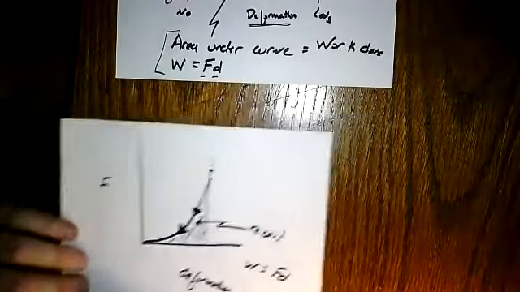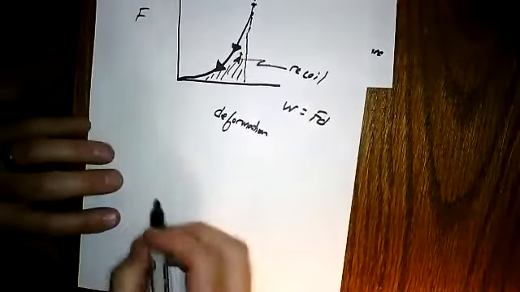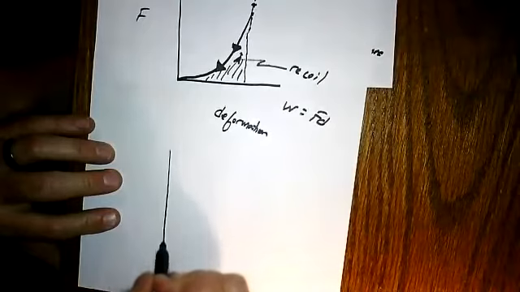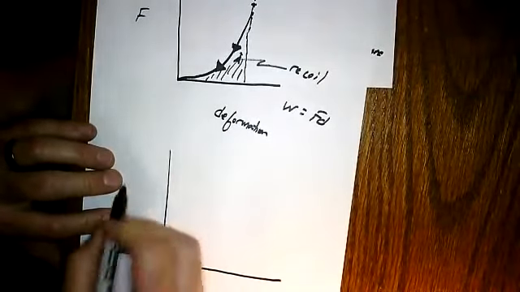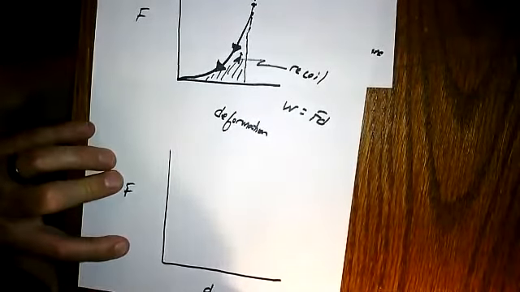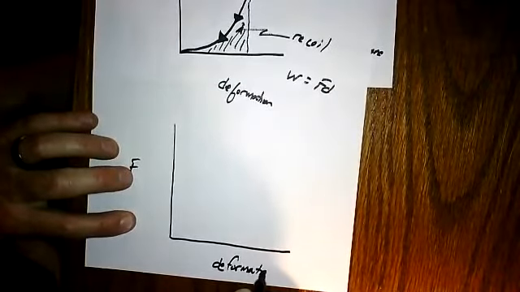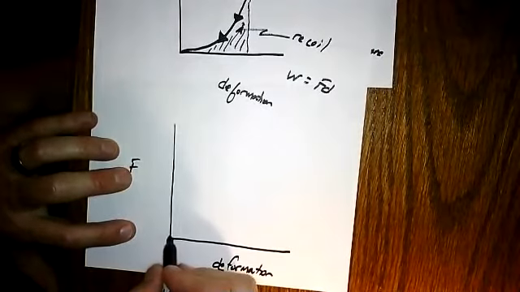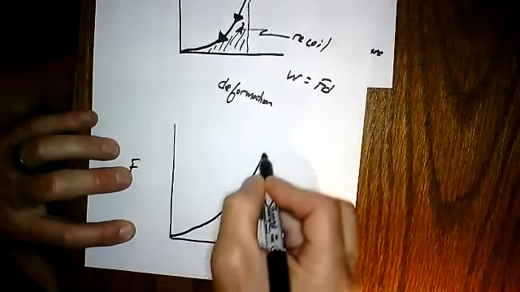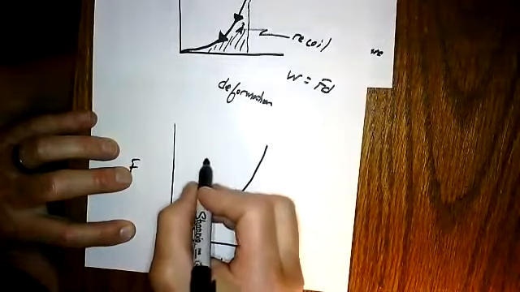All right, so now let's put these two together, and I'll do the best I can. I'll draw the graph out again. Force, deformation, and now I'm going to draw the compression of the material here. Okay, compression.